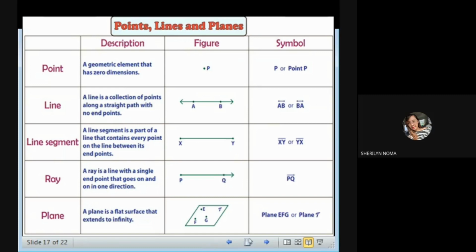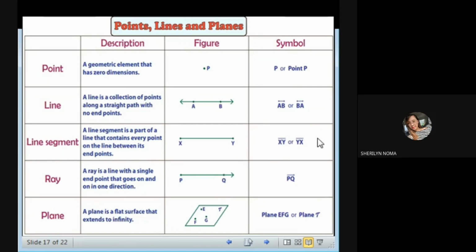It extends in both directions indefinitely. The symbol is the line with two arrows. Line segment. A line segment is a part of a line. It contains every point on the line between its endpoints. Almost the same as the line, but without arrows on two sides.